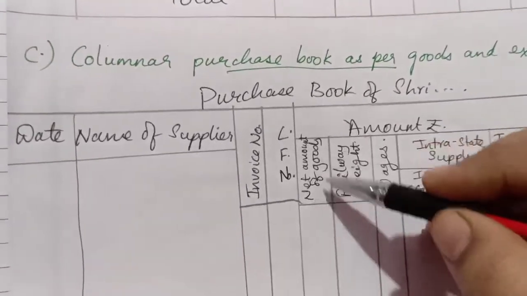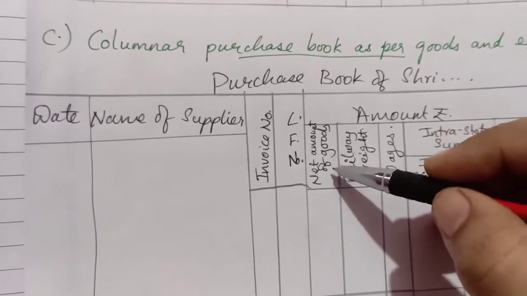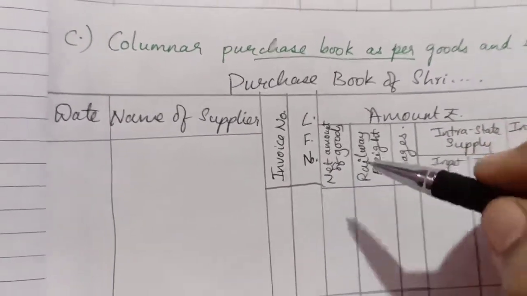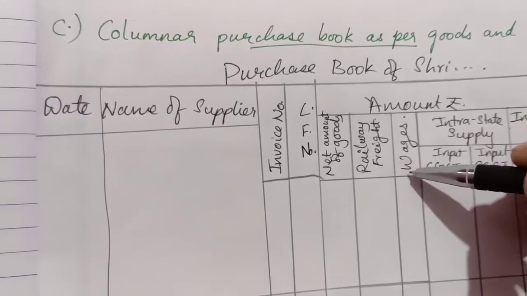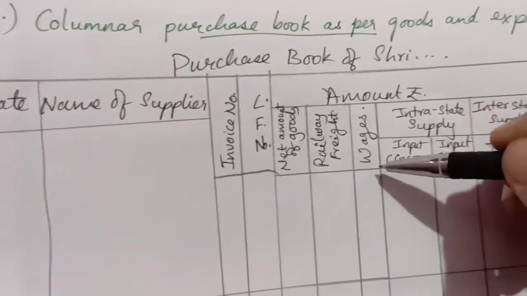Here the net amount of goods is to be considered first. First of all, it is to be written. Then the railway freight, then the wages, whatever the expenses are given in the sum, they have to be mentioned here.